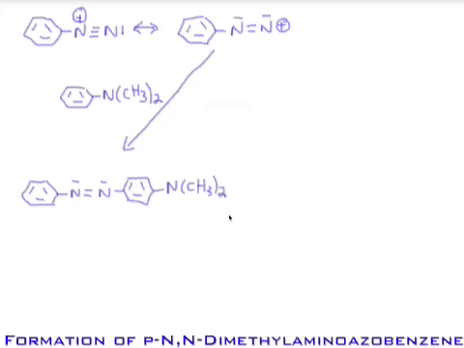Now this is an azobenzene unit with an N,N-dimethylamino group on. So I have para-N,N-dimethylaminoazobenzene.